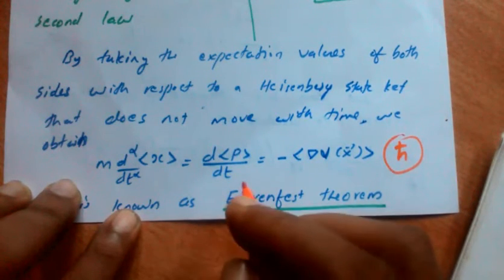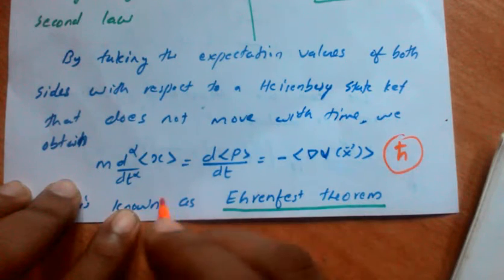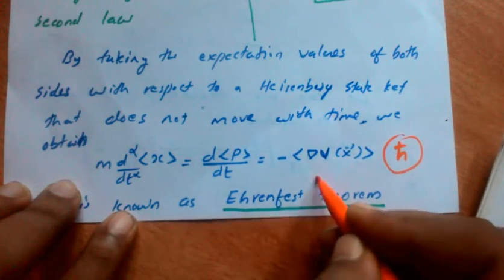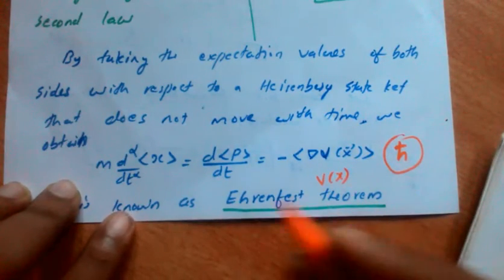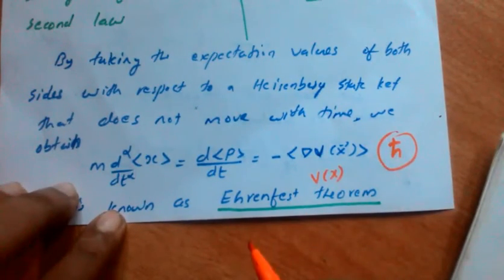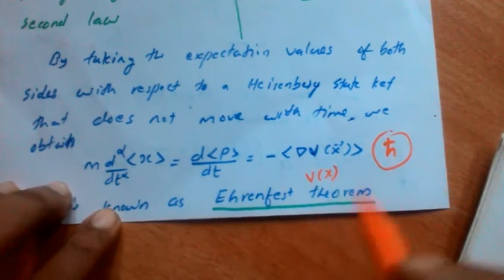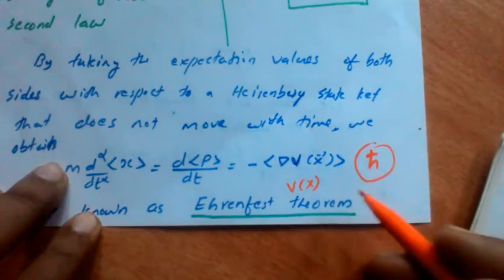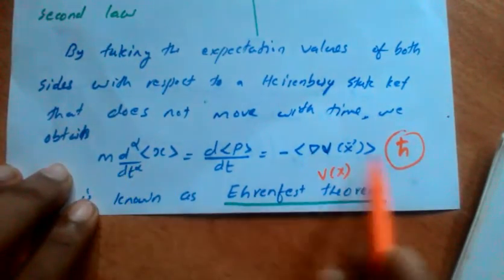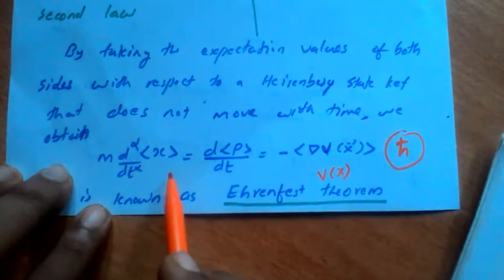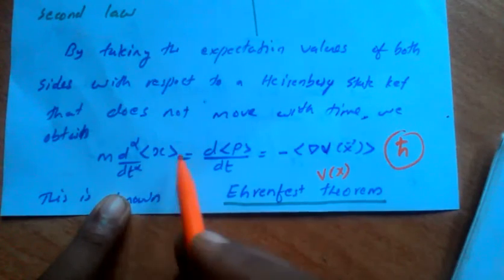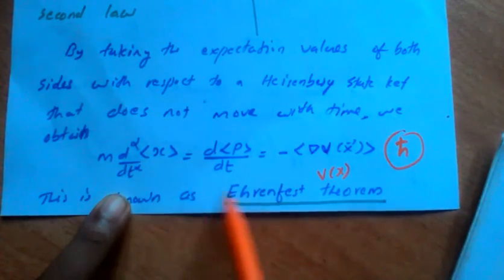This means the center of the wave packet moves like a classical particle subjected to a potential V(x). Actually, Planck's constant is what differentiates the quantum world and the classical world, and here it is missing from this equation. So the center of the wave packet moves like a classical particle.